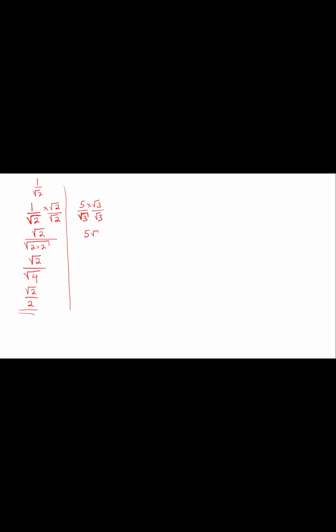So there we shall have 5 root of 3 out of root 3 times root 3, and the roots can be multiplied to get root of 9, which gives us 5 root of 3 divided by 3. So this is what we call simplified form. So in simplified form, we make sure that in the denominator, we do not have any surd. Let me hope that is okay.